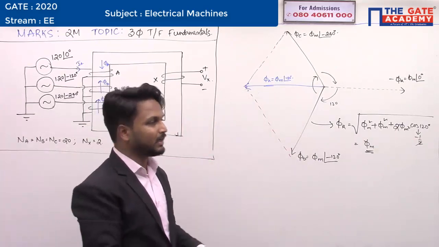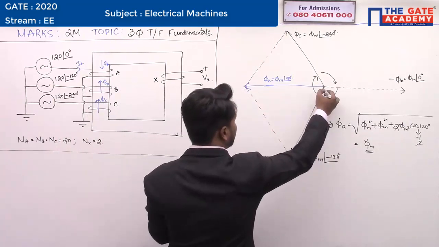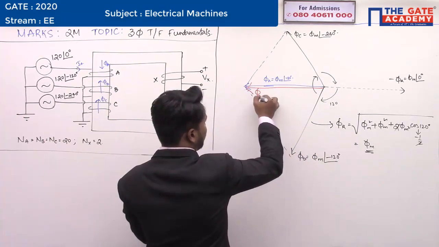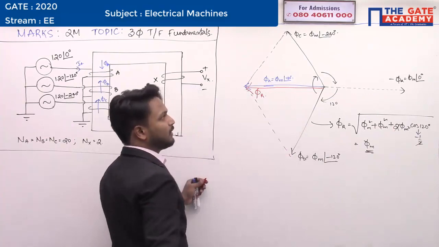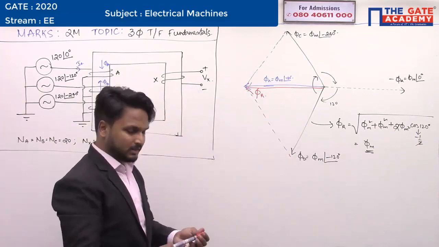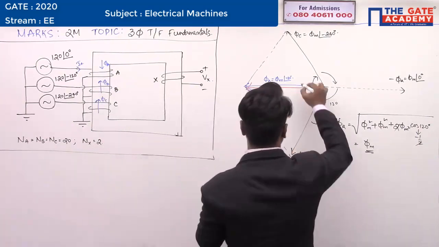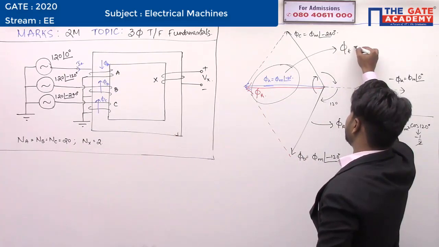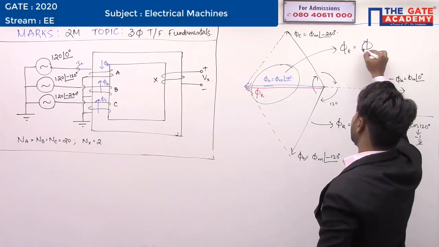How is the resultant aligned? The resultant is aligned with this phi a directly. This is phi r, right? Therefore, the total flux is the summation of these two fluxes. Therefore phi t, let us say, is the summation of these two fluxes.